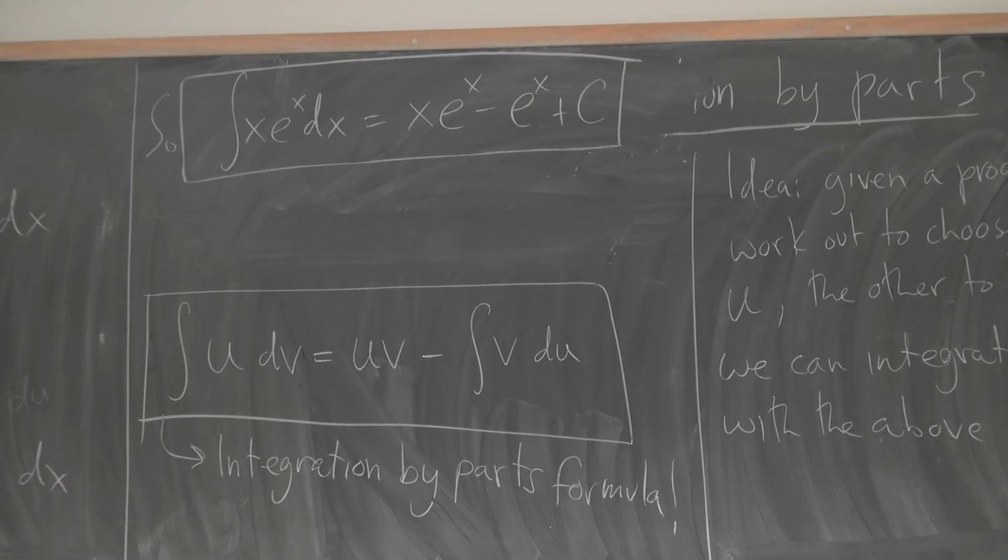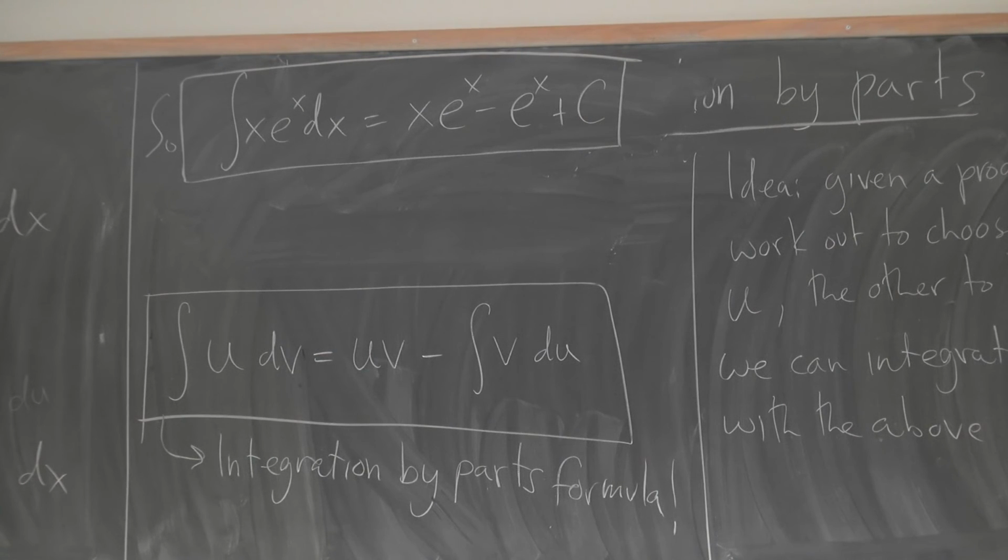I also want you to appreciate, had I chosen things differently, what if I chose my u to be e to the x and my dv was x? What would have happened? My du would have been e to the x. What would my v have been? X squared over 2. So now when I take v times du, I would have x squared over 2 times e to the x.